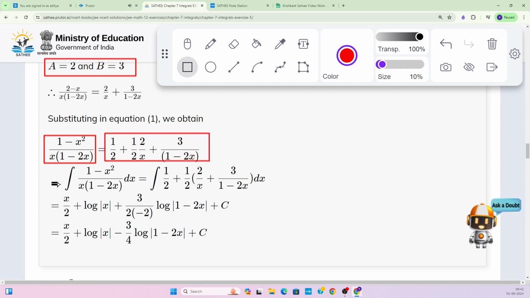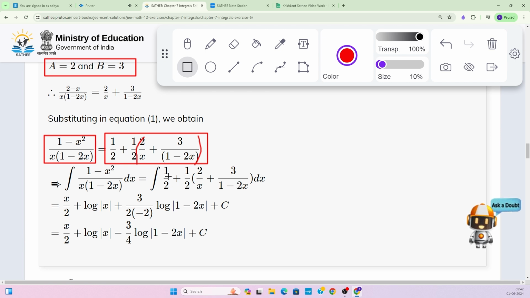And then the final form for this expression will be 1/2 plus 1/2 of, here must be the brackets, as you can see, 2 by x plus 3 divided by 1 minus 2x. Okay, so your integration will be now what? The integration of 1/2 plus 1/2 of (2 by x plus 3 by (1 minus 2x)) dx.